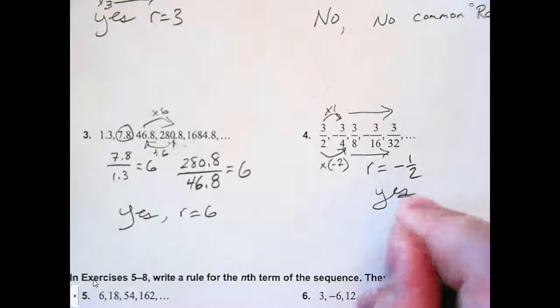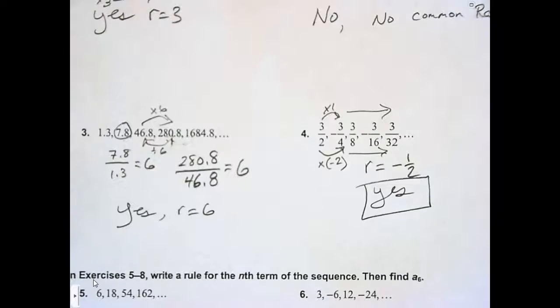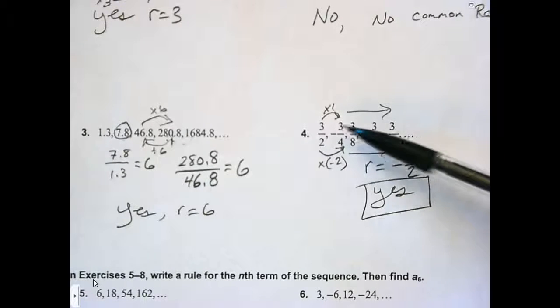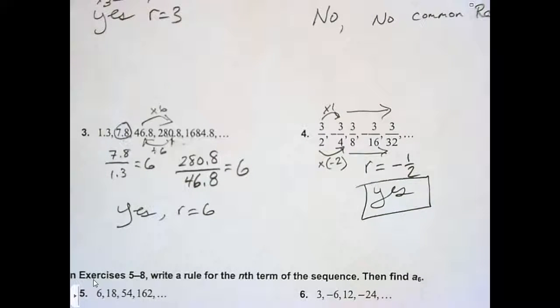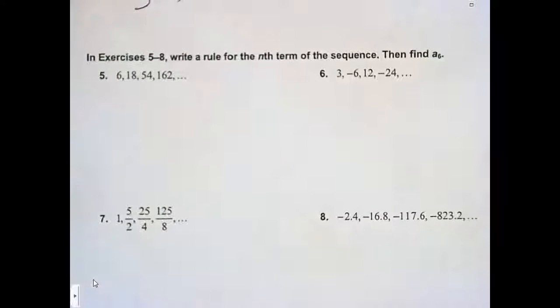So yes, this is geometric as well. Okay, so with fractions, just top and bottom, kind of like we've worked on. Okay, any questions so far? Holy moly. All right. Hey, give number 5 and 6, or number 5 and 7 a go, please. These two here.